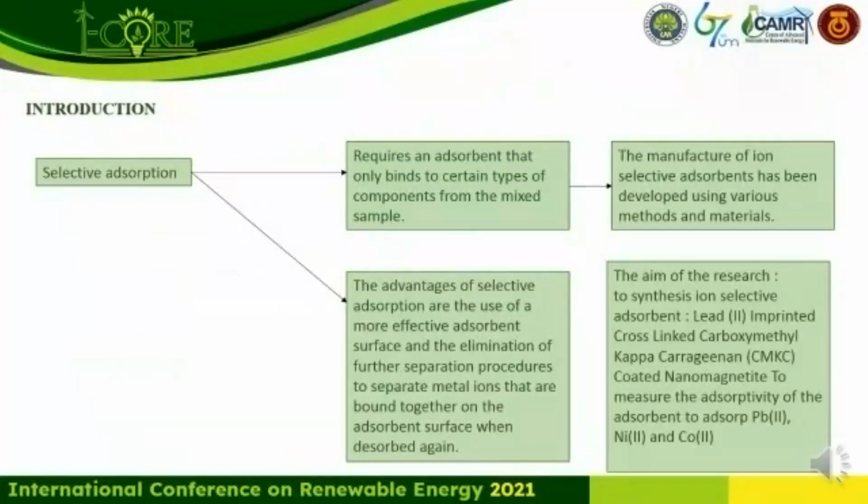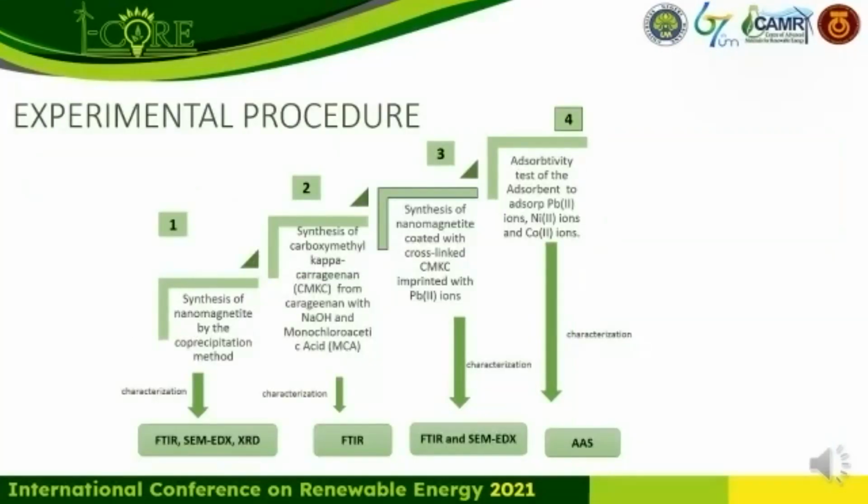First, I will explain the introduction. The aim of the research is to synthesize an ion selective adsorbent, lead 2 imprinted crosslinked carboxymethyl kappa carrageenan-coated nanomagnetic, to measure the adsorptivity of the adsorbent to adsorb lead 2, nickel 2, and cobalt 2. Experimental procedure. First step, synthesis of nanomagnetic by the co-precipitation method.